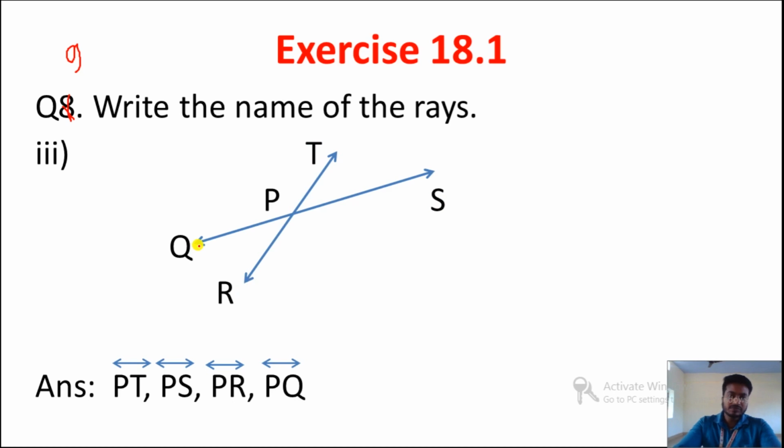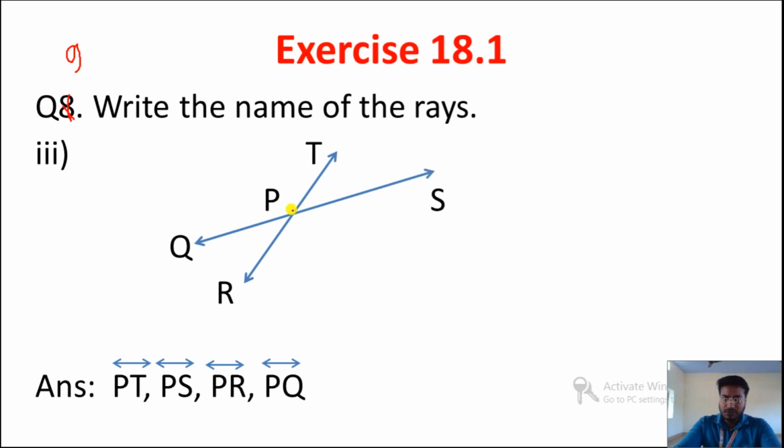Now how we have to write the rays? Rays you know very well, starting point is fixed and the ending point is not fixed. That goes indefinitely or endlessly. So if you see this diagram, here we have the point. If we see from here to here, that will be the line.